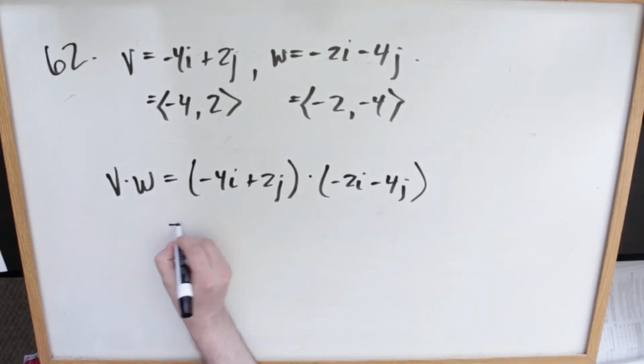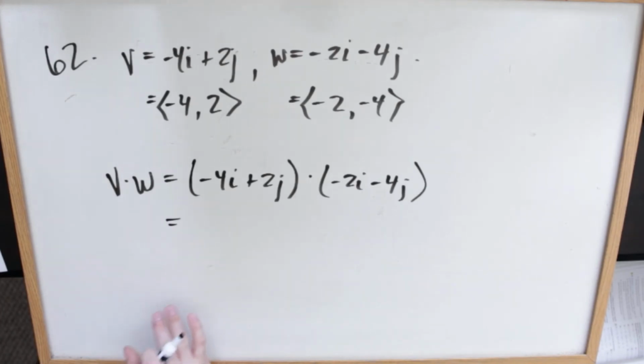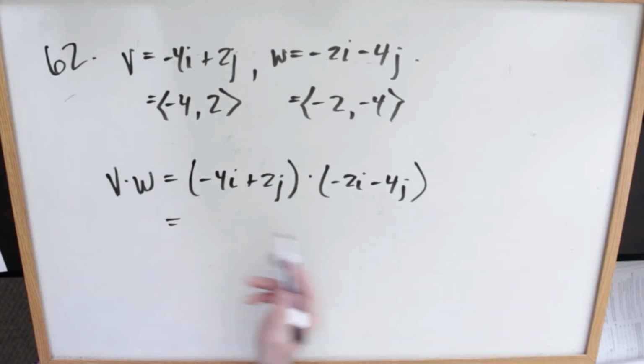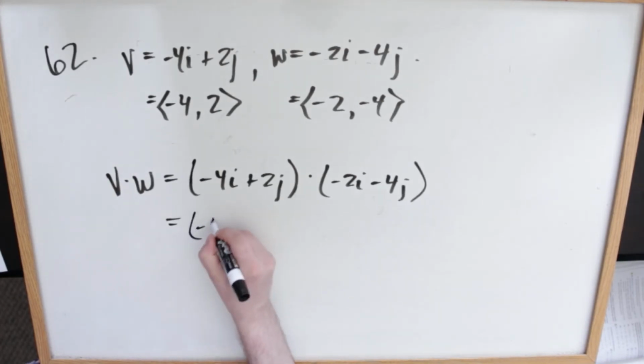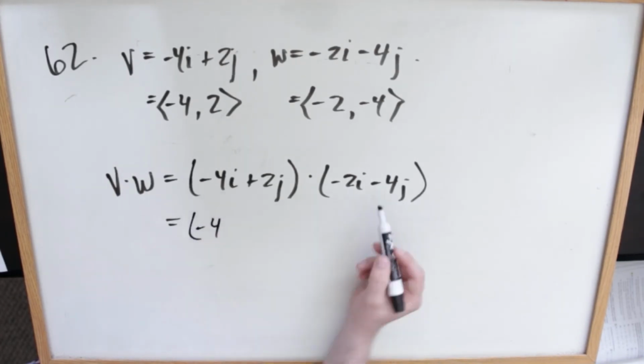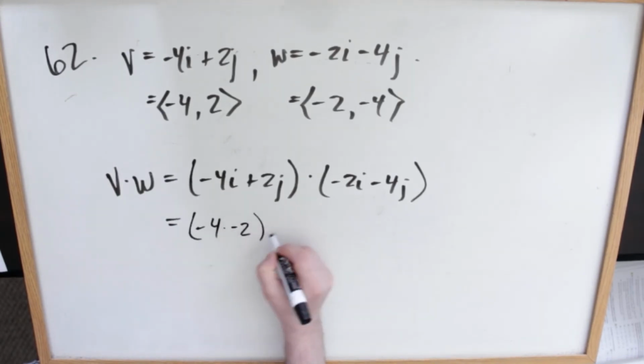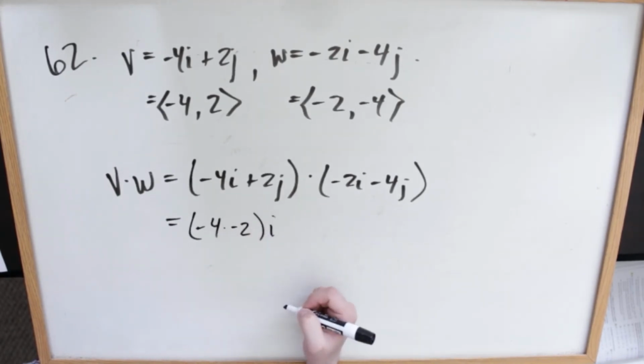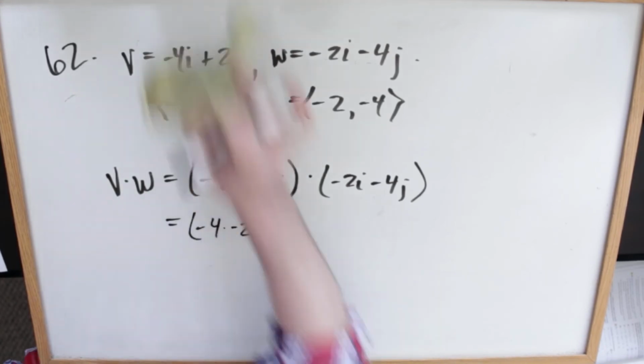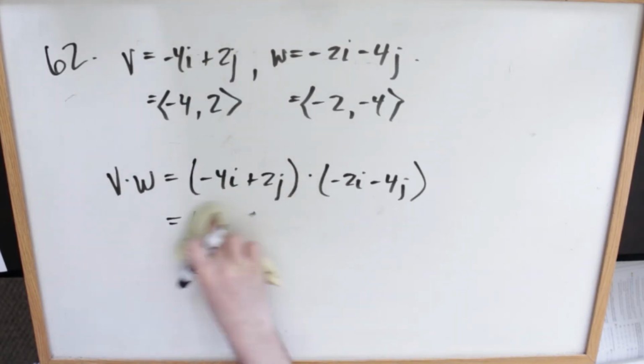Again, this is the distinction between a vector and a linear function. Previously, maybe you had two linear functions you were multiplying together. These are two vectors, so essentially what we're going to have is minus 4 times minus 2. Or I'm sorry, the dot product is not going to create a vector itself.